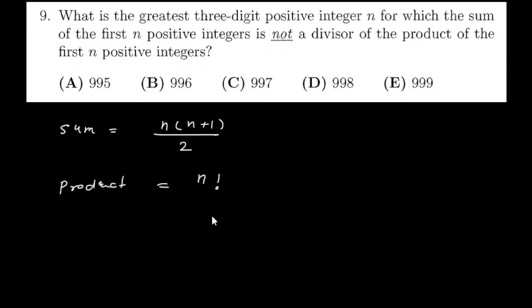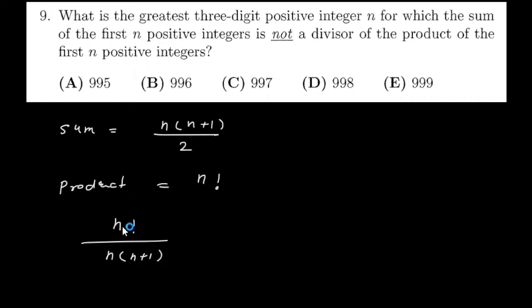So the product is n factorial and the sum is n into n plus 1 divided by 2. Now the question is that n into n plus 1 divided by 2 should not be a factor of n factorial.